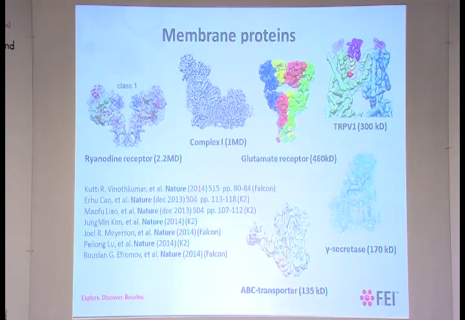Here are some more high resolution reconstructions of membrane proteins. Again, some of these have been taken with automated procedures and some not. But you can get to similar resolutions of things.